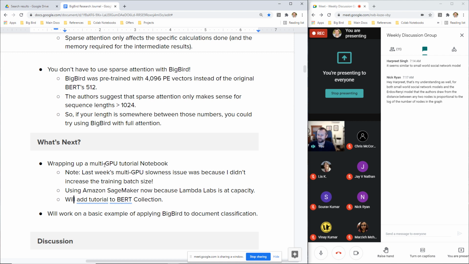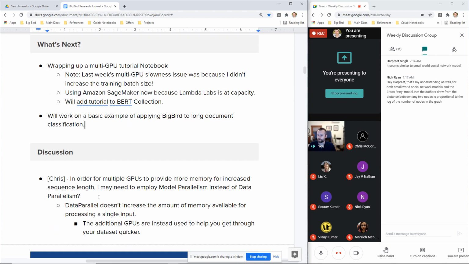Once that's done, I'm wrapping that up. I'll add that to the BERT collection, and then I'll be working on a basic example of applying BigBird to long document classification. That'll let us see what it's like in practice to work with it. Sometimes it's hard to get improved results out of these BERT variants.